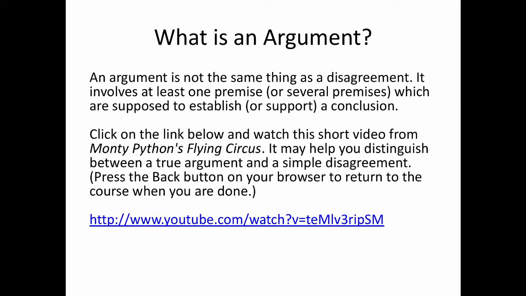And if I want to know whether an argument is good or bad, I have to examine this: does the conclusion follow from the premises? And are the premises true? Are all these things that the person is trying to state as facts really facts? Are they true?